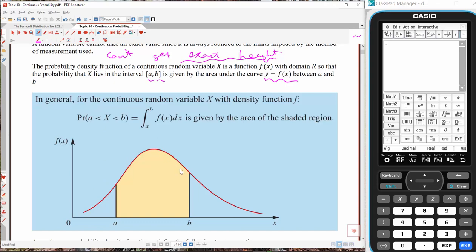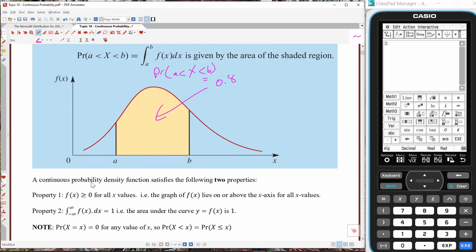And the probability that the random variable takes a value between A and B can be calculated by just using integration. We just find the area under the curve. And whatever that area is, in this instance, it looks like maybe 0.8, that's our probability. So the probability that the random variable is between A and B, in this case, equals roughly 0.8 or whatever it might be. So it's the area of the shaded region.